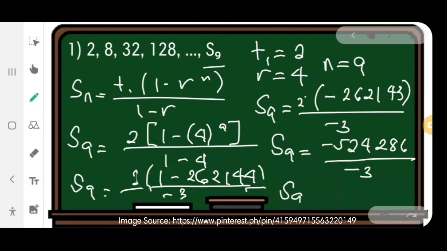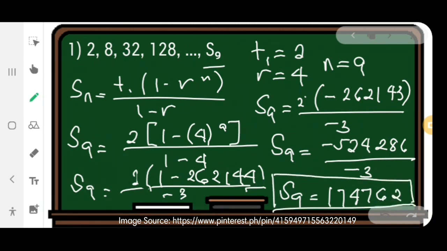So, negative divided by negative is positive. So we have now 524,286 divided by 3 is equal to 174,762. So this is the sum of the first 9 terms of the geometric sequence 2, 8, 32, 128, and so on.